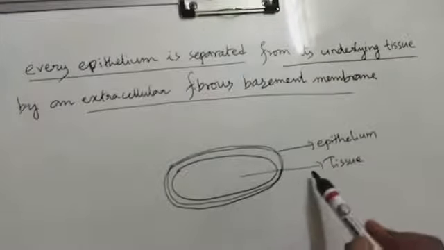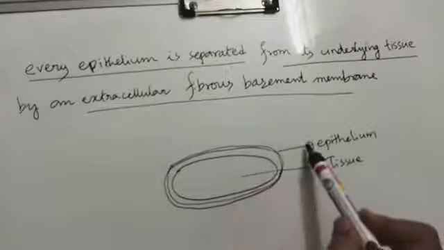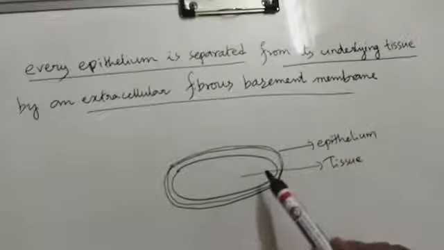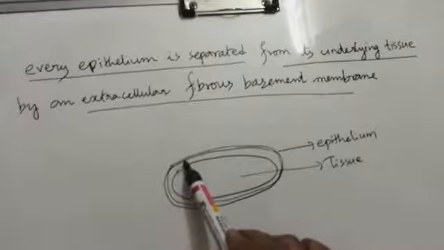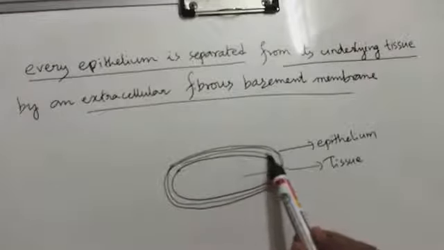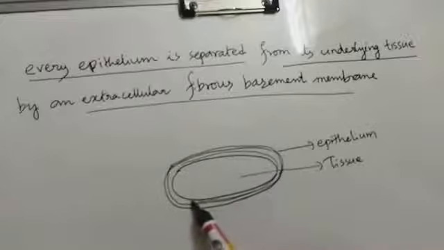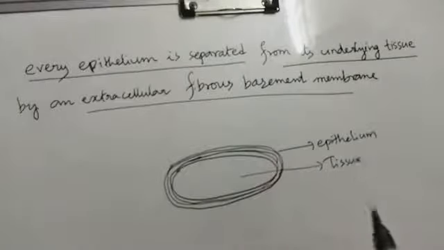So this tissue is covered by this epithelium. So this epithelium is separated from this underlying tissue by an extracellular basement membrane. So this is the extracellular basement membrane.